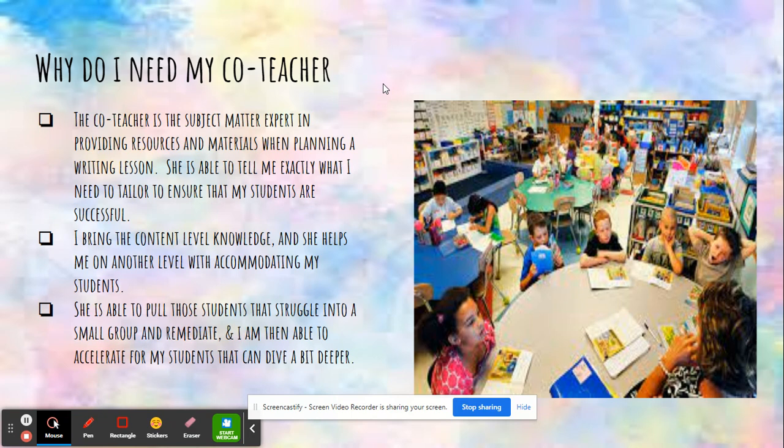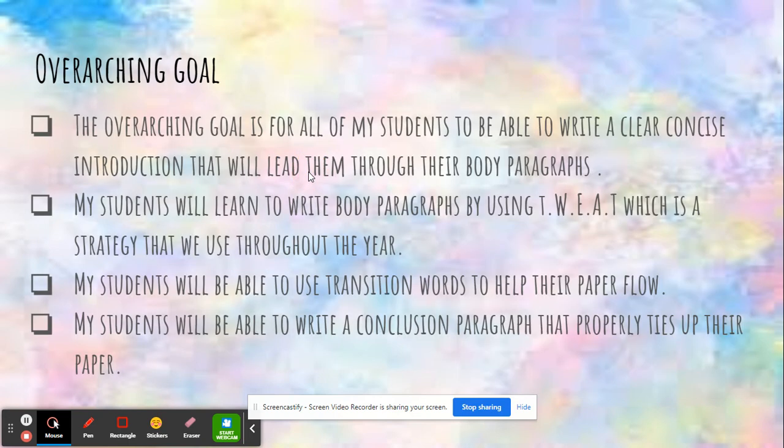She is able to tell me exactly what I need to tailor it for my other students so that they can be successful as well. I bring the content level knowledge and she helps me on another level with accommodating. So she is able to pull those students that struggle in small group and remediate. And I am then able to accelerate for my students that can dive a bit deeper.